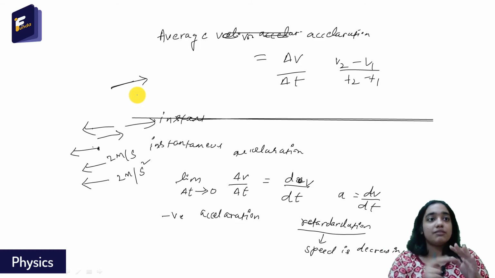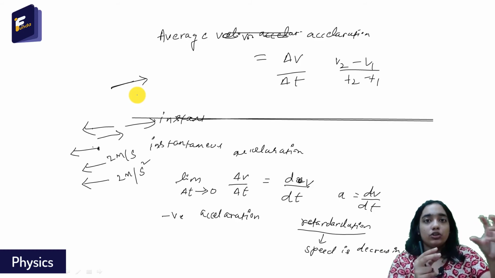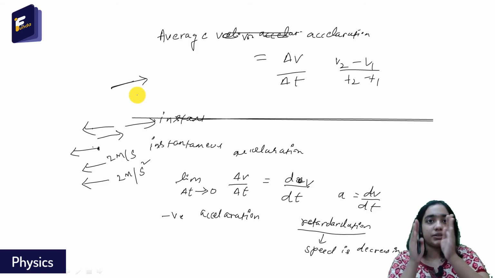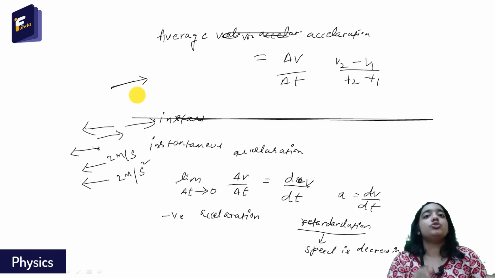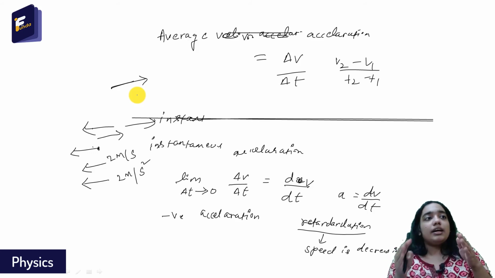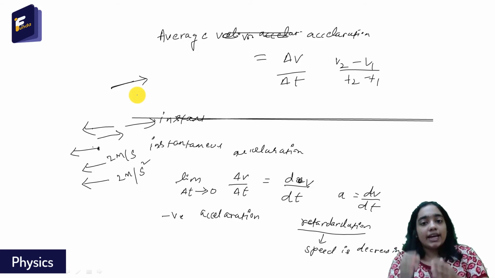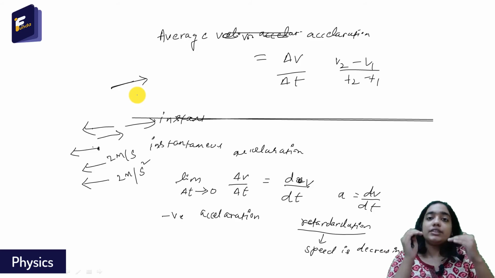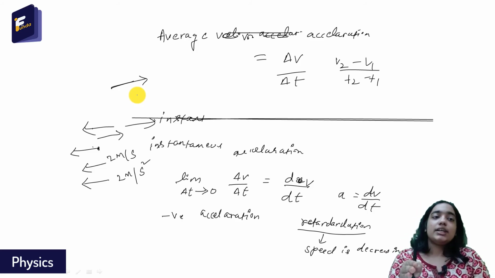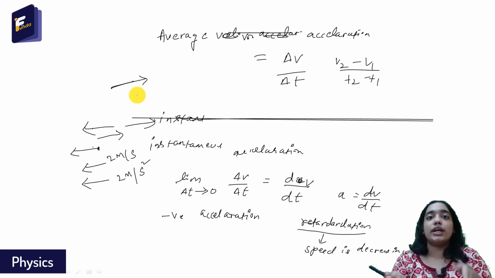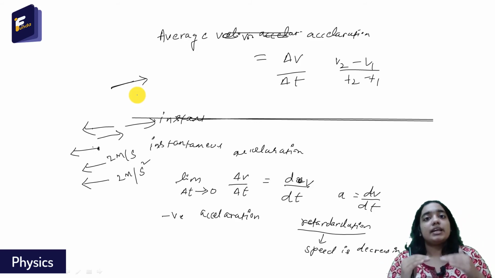That means the magnitude of velocity. Speed at one instant is the magnitude of velocity at that instant. So if the sign of velocity and acceleration are opposite, then the speed of the body is decreasing. And if the sign of velocity and acceleration is the same, that is both positive or both negative, then the speed is increasing.